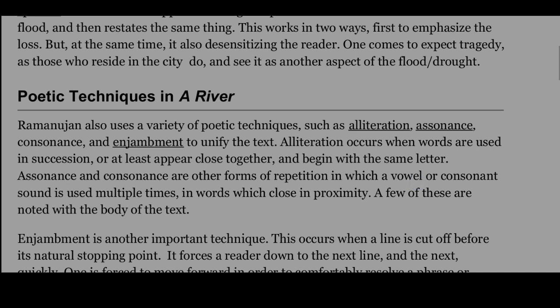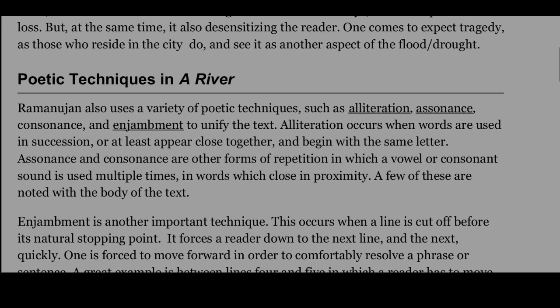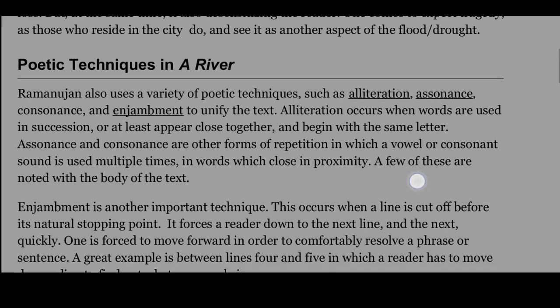First, to emphasize the loss, but at the same time, it is also desensitizing the reader. One comes to expect tragedy, as those who reside in the city do, and see it as another aspect of the flood or drought.